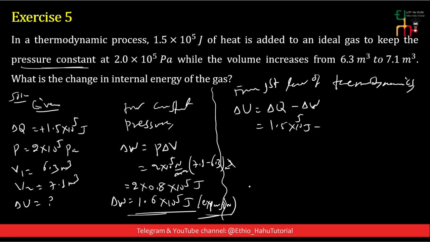Since this work done is expansion work, from sign convention, it remains positive, 1.6 times 10 to the power of 5 joule. This is equal to 1.5 minus 1.6, which is minus 0.1 times 10 to the power of 5 joule. This is equal to minus 1 times 10 to the power of 4 joule. This is the change in internal energy of the gas.